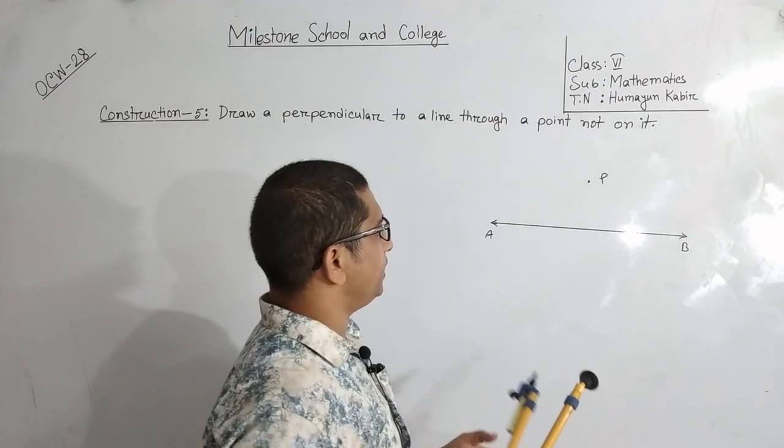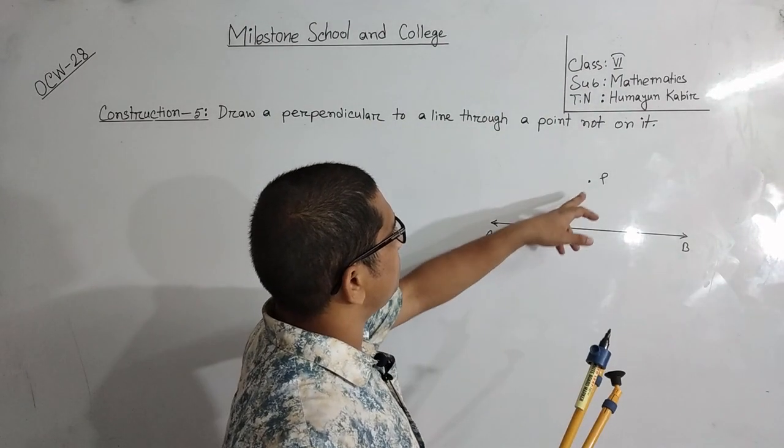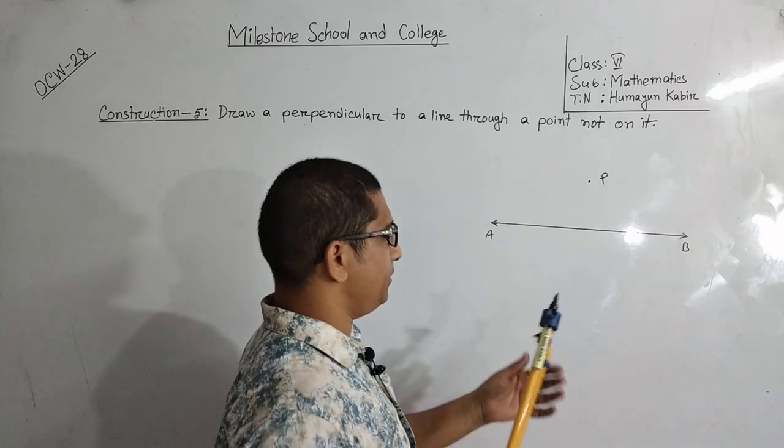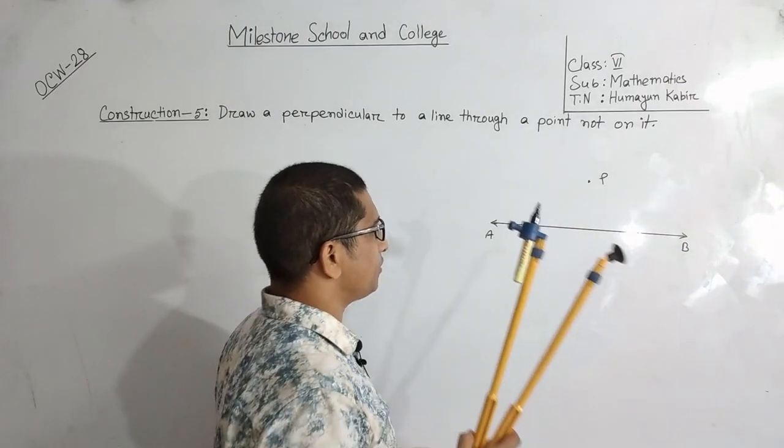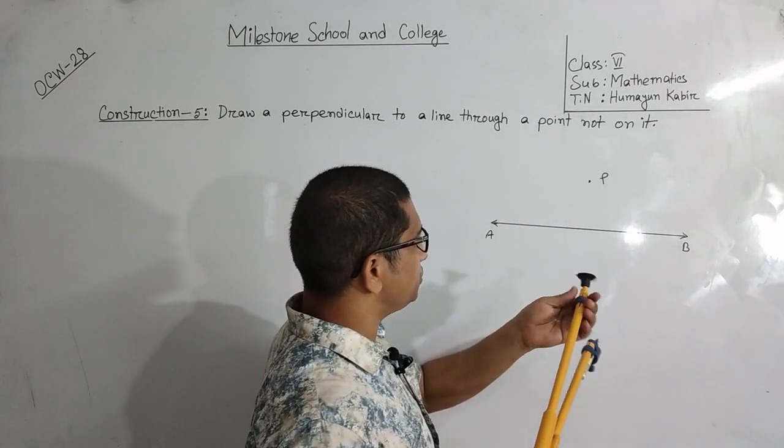Dear students, look here, this is the point P and line AB. This is the pencil compass you know. So what will you do?